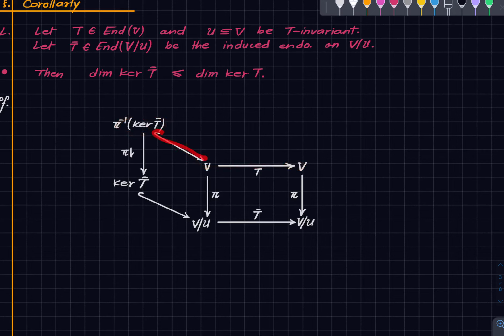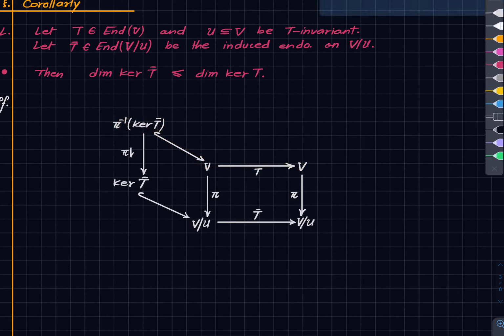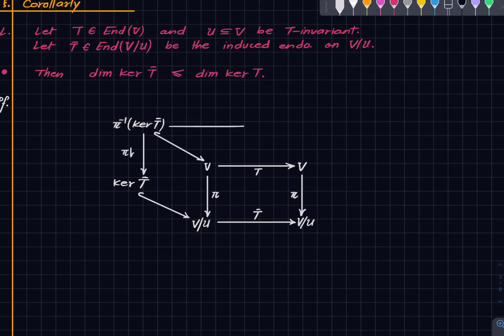But this is the inclusion map, so we can just add to this diagram. So this is U, and this is T suitably restricted, and this is the inclusion map. Once again, we notice that if you follow this path, you always land in U, but this was the inclusion map. So it says that this entire thing is mapping inside U under the map T. That's all that this is saying.